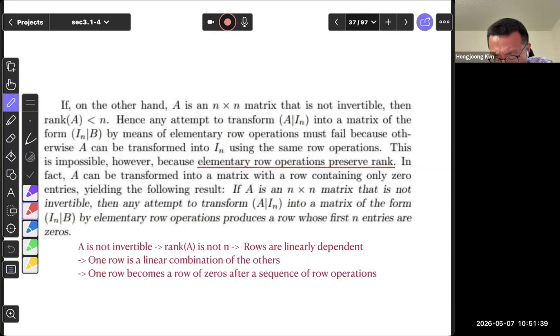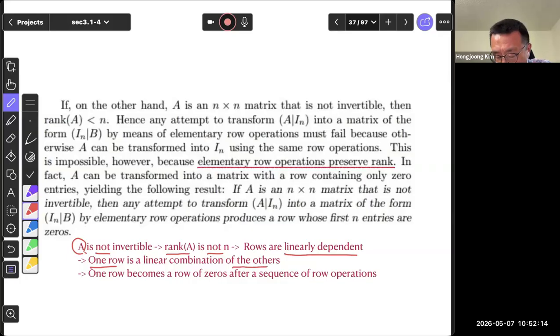So if your matrix is not invertible, then the rank of the matrix is not n. That means the rows and columns are linearly dependent, especially rows are linearly dependent. So at least one row will be a linear combination of the others.